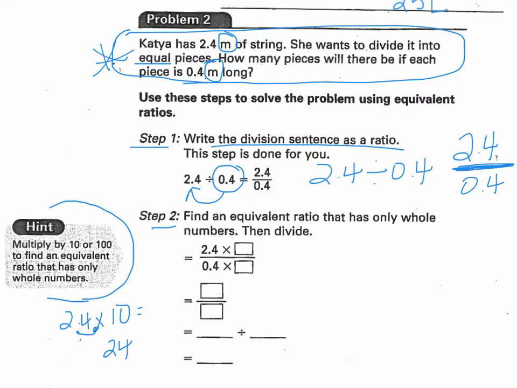Step 2. I'm going to multiply by 10 for each number. This will move the decimal place over. So 2.4 becomes 24. 0.4 times 10 becomes 4. And 24 divided by 4 is 6.